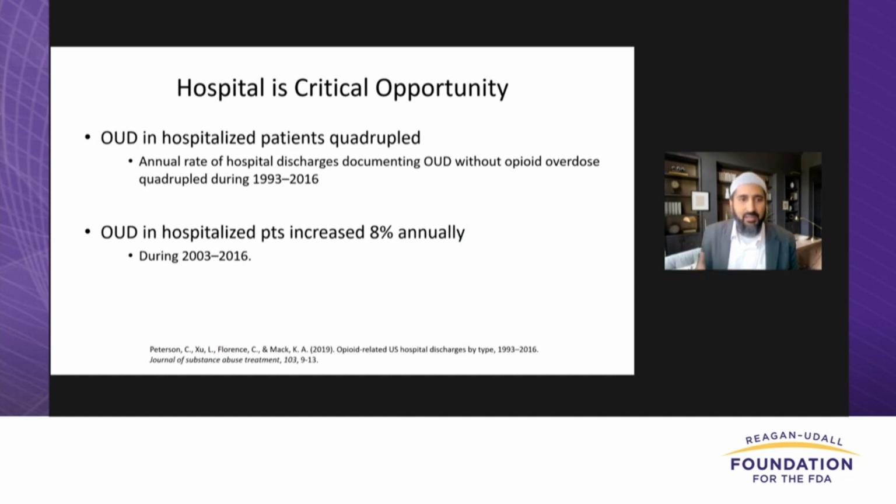The opioid epidemic has only gotten exponentially worse since that time. Also, opioid use disorder in hospitalized patients has been increasing 8% annually. So point being, low-dose buprenorphine inductions are an option for many patients in the hospital who would otherwise not be able to start medications for opioid use disorder.